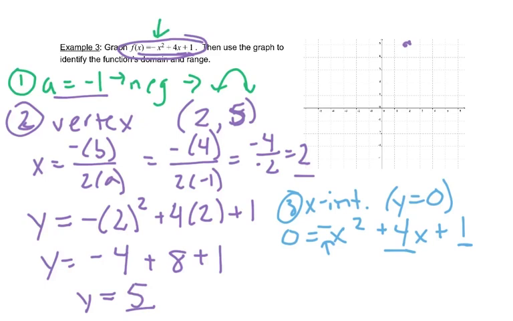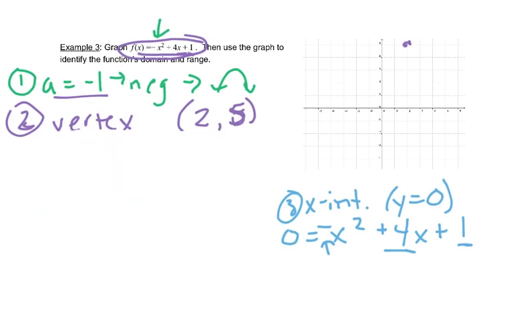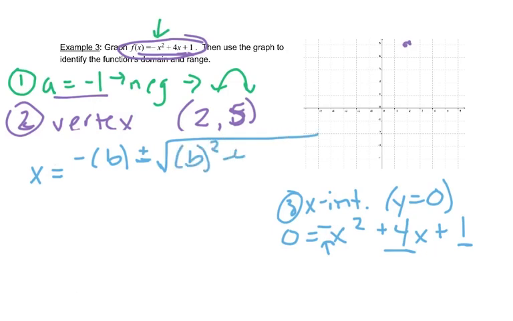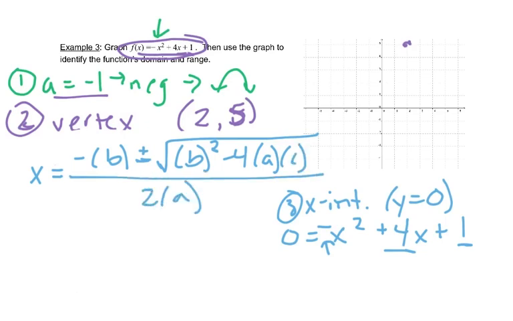So let me create some space so that we have some room to do that. Okay, so I have x is equal to, and the formula says negative b plus or minus the square root of b squared minus 4 times a times c, and that whole thing is over 2 times a.